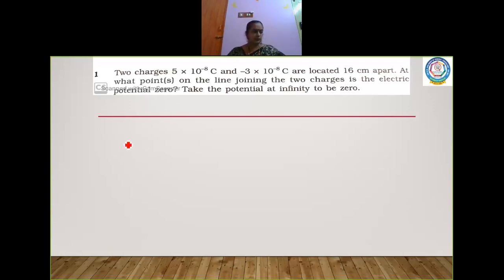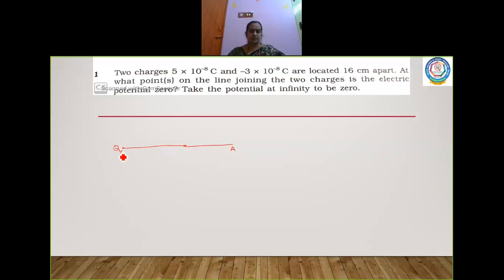There are two charges. Let me take this as the source charge, which is Q, and let me extend this line a little bit lengthier, so this point is A, children.